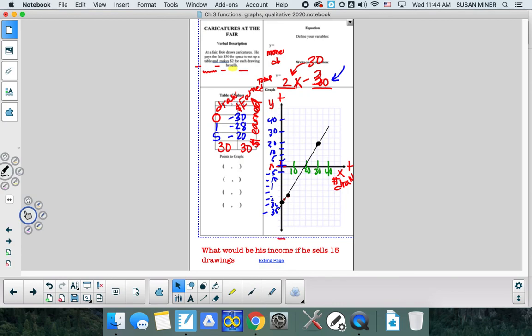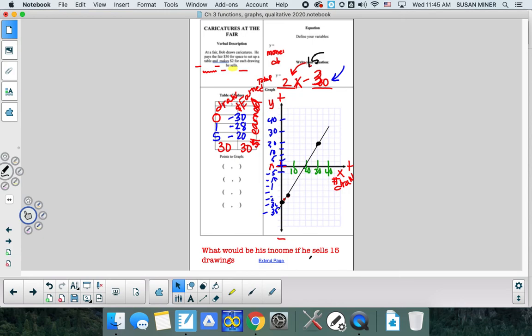Okay, so we want to know, what would his income be if he sells 15 drawings? Well, what would his income be? We can put it in as our input in order to get out our output. So we're making a prediction for 15 drawings, right? 2 times 15 would be 30 minus 30.